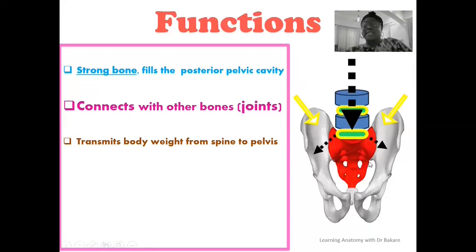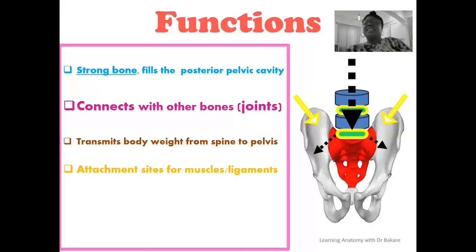This is what is highlighted here in dotted black. What this does is that it helps to neutralize the weight of the upper part of the body, because as it descends along the vertebral column and gets to this point, the weight is transmitted into the pelvic bone so that it is not felt at the lower part of the body.